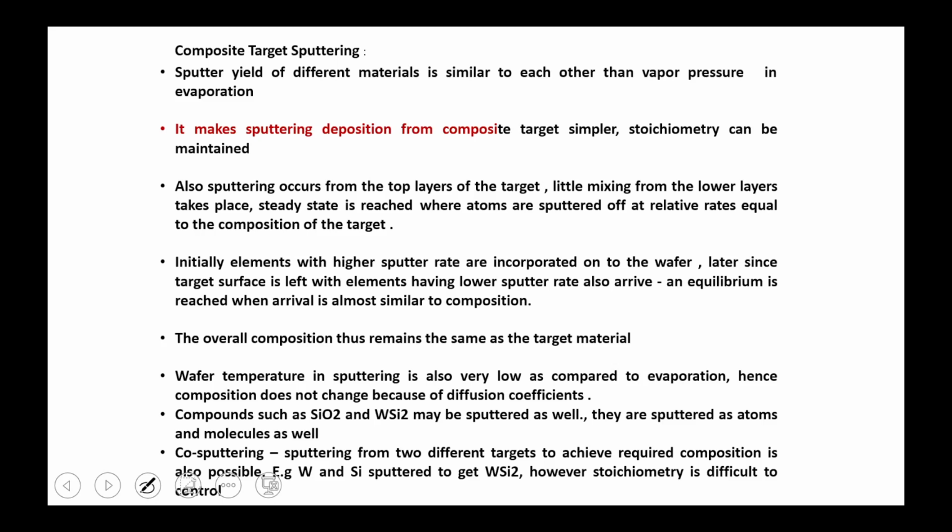Whatever the upper layer is, its thickness should be less, because the atoms will be struck through the top surface only. So, as per your composite material requirement, you have to choose the thickness of the top layer.